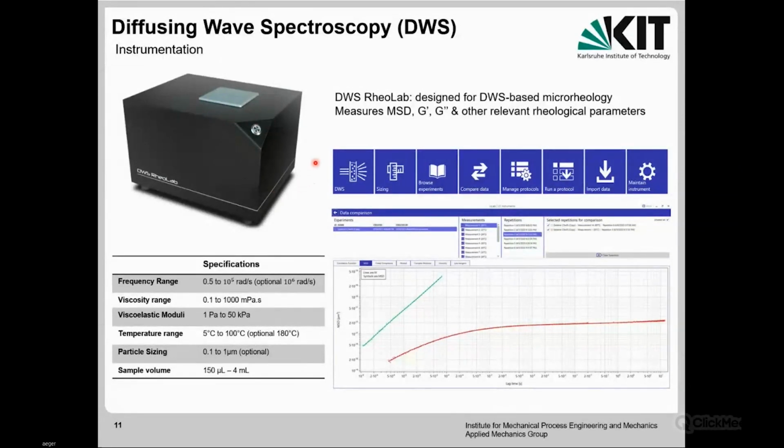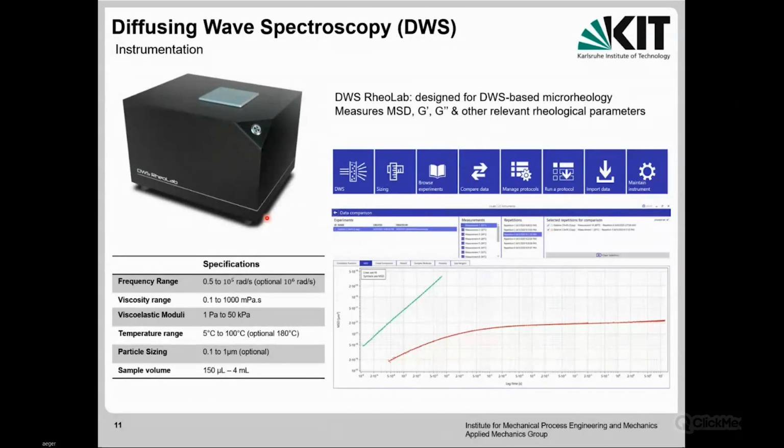This is the latest version of this Rheolab, and you see it's quite small. It doesn't take space. Here you can see the different specifications of this instrument. We have this one, but we also have the old version of this instrument, and many of the results have been obtained using the old setup.